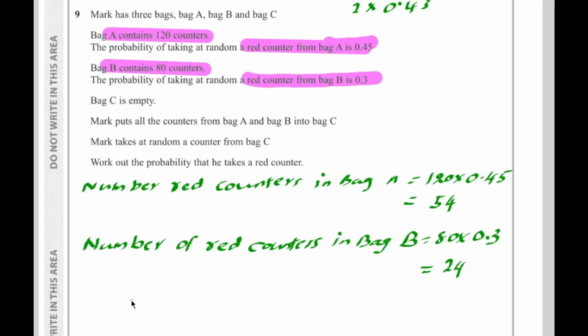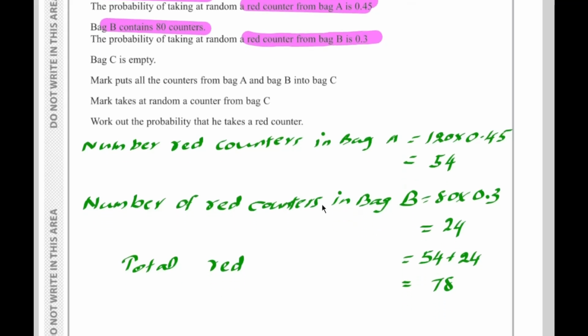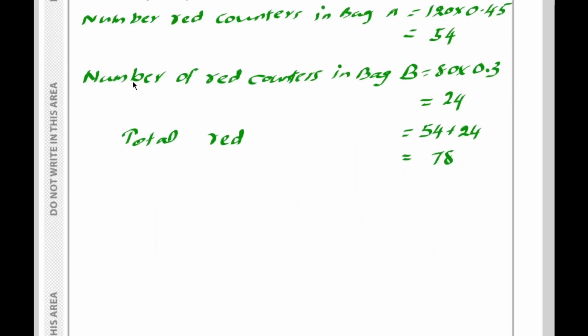Then we can get the total red counters. Total red counters equals 54 plus 24, which becomes 78. Then we know that altogether there are 200 counters, right? Therefore, the probability of a red counter equals 78 over 200.